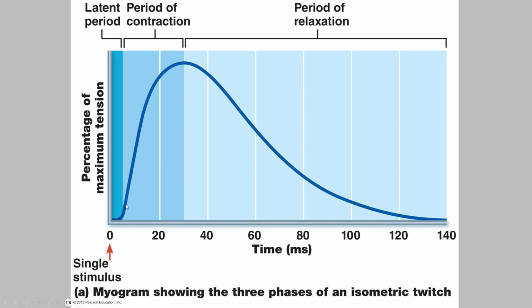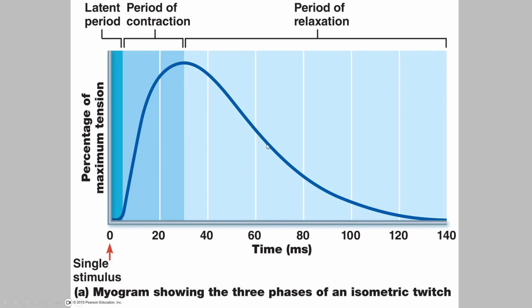Well, the next part is the period of contraction. This is when we are going through the cross bridge cycle. Tension is building as those sarcomeres shorten. And then, since we only got one stimulus, immediately all of that calcium is pumped back into the sarcoplasmic reticulum, the cross bridges break, and the sarcomeres go back to the resting state.